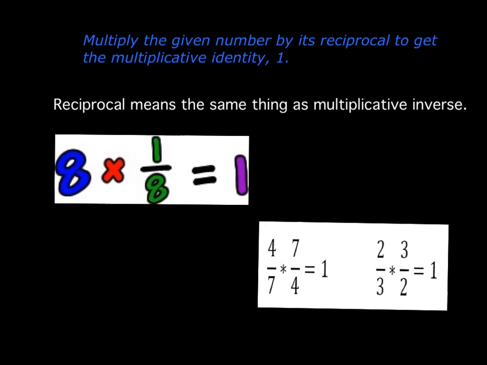So if we multiply a given real number by its reciprocal, we'll get the multiplicative identity of 1. So you need to remember that reciprocal means the same thing as a multiplicative inverse. So 8 times 1/8 equals 1. 1/8 is the multiplicative inverse of 8, or the reciprocal of 8. 4/7 when multiplied by its reciprocal, or multiplicative inverse, you're going to get 1. 2/3 times its multiplicative inverse or reciprocal, 3/2, is going to equal 1.